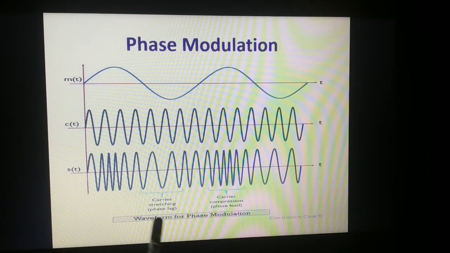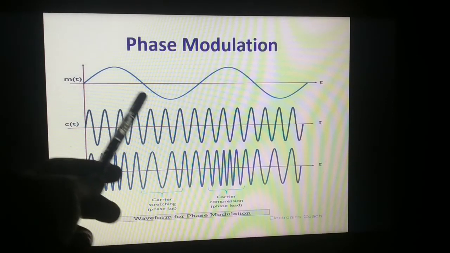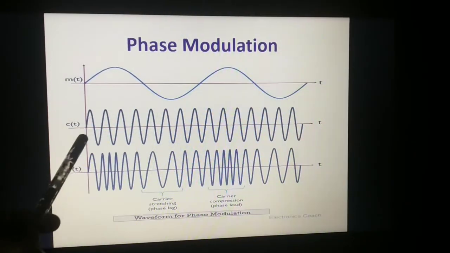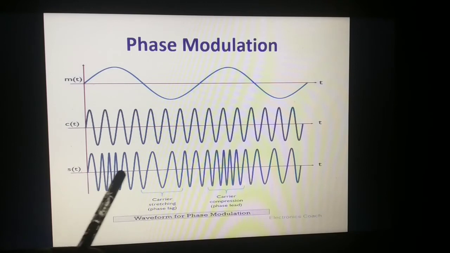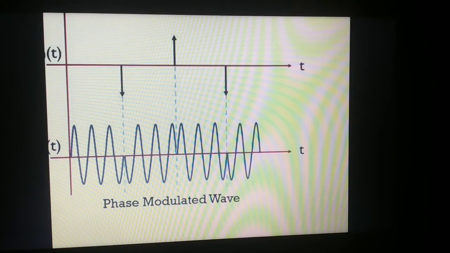So this is the waveform for phase modulation. The first waveform represents the modulating signal and the second waveform represents the carrier signal. These are the waveforms for phase modulation. The waveforms for frequency modulation and phase modulation are both identical except for phase.